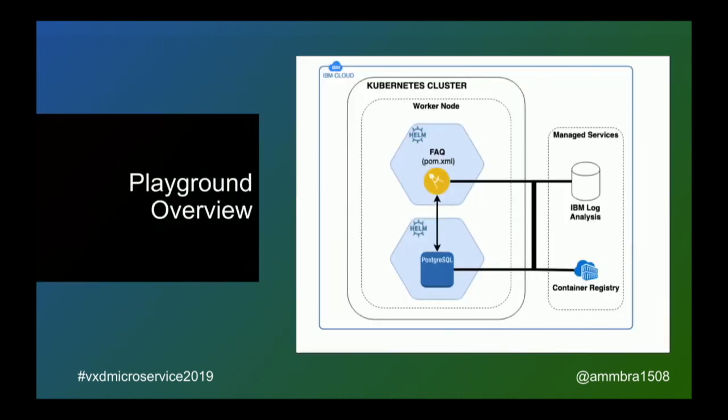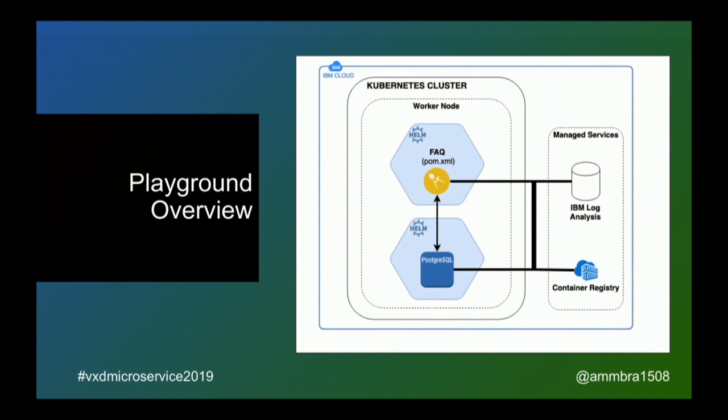So let's look a little bit at the playground overview for the demos in today's session. We're going to work with the frequently asked question application, a small application like a microservice. You ask questions and it answers. It's very, very basic. This application stores its information in a PostgreSQL database. Both are managed with Helm charts.